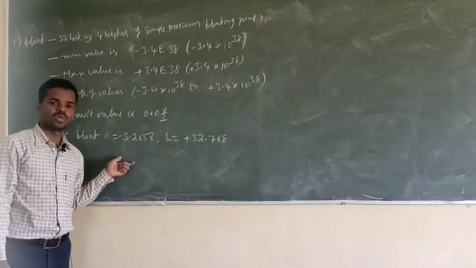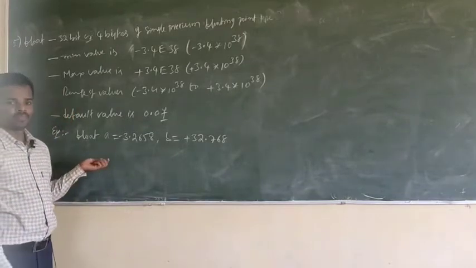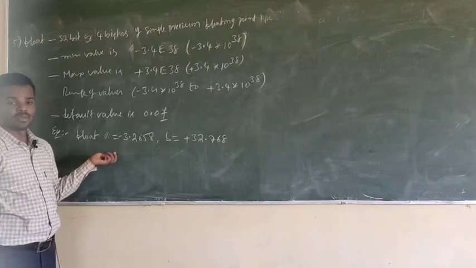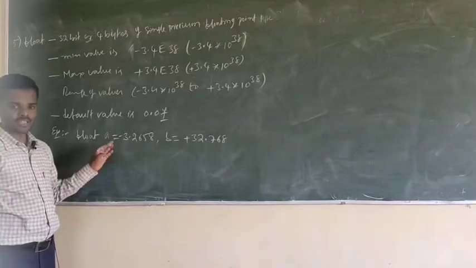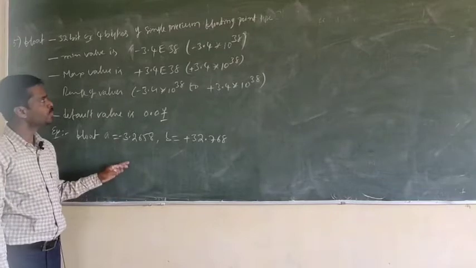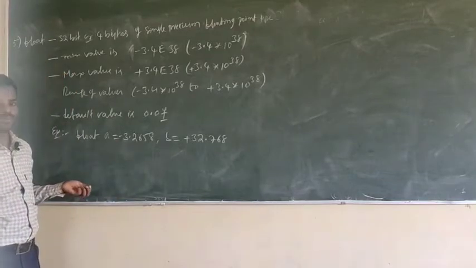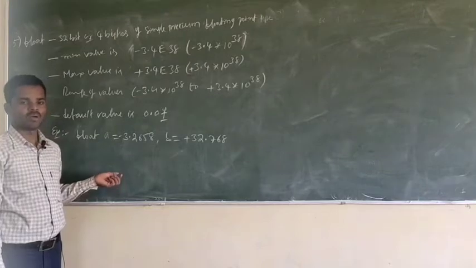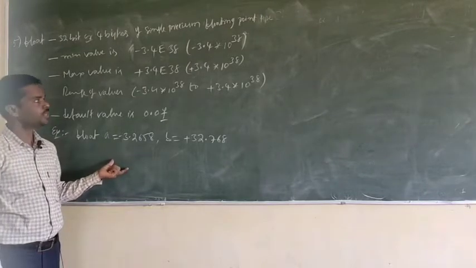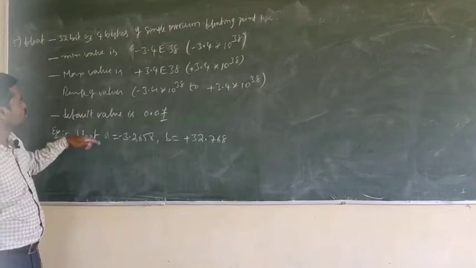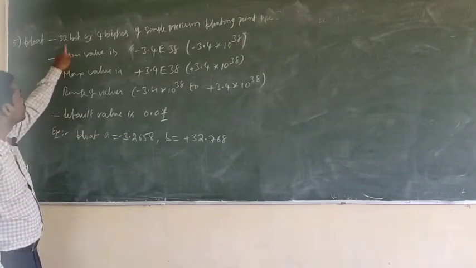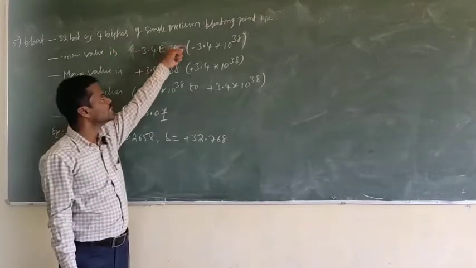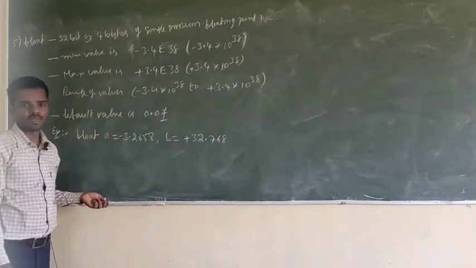Suppose you want to store values with decimal points, that means fractional values, then you can use the float type. The float data type can store 32 bits or 4 bytes of information, and it is a single precision floating point type.